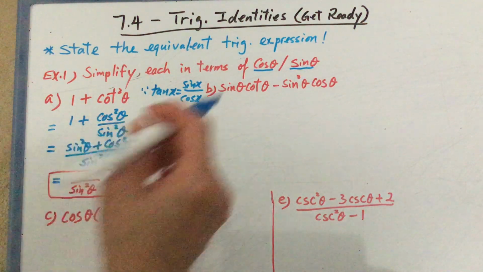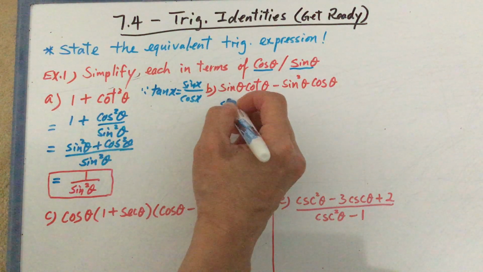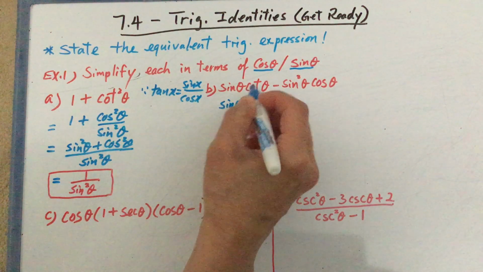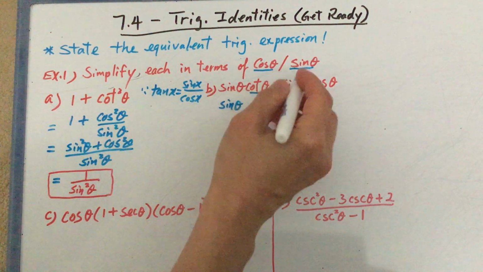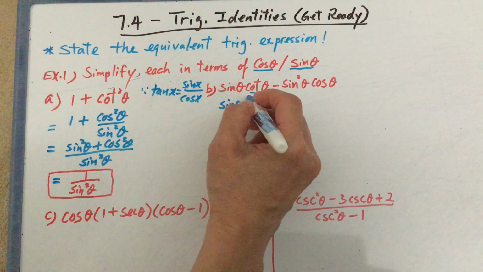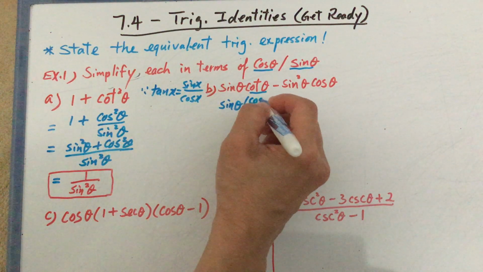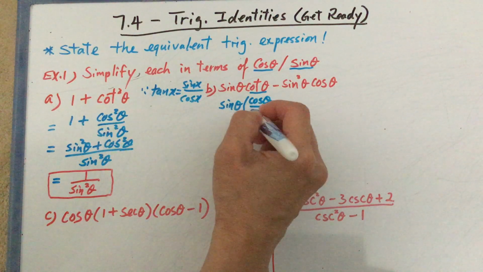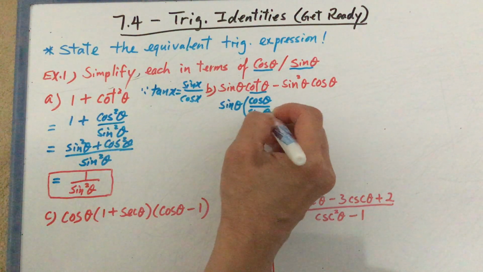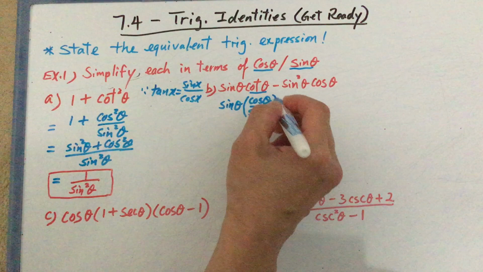We're going to make sure that everything is converted in terms of sine and cos. So this one is going to be sine theta times cos theta over sine theta, because this is the reciprocal of the tan.